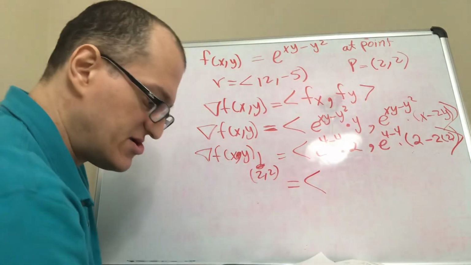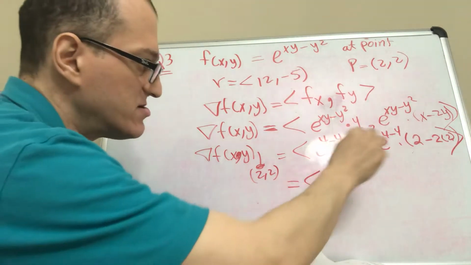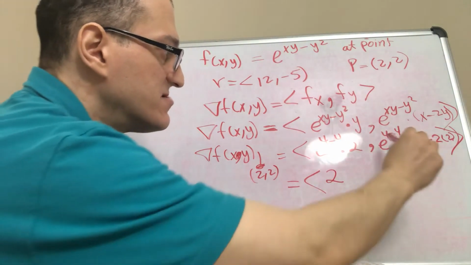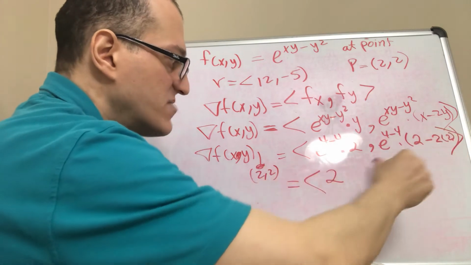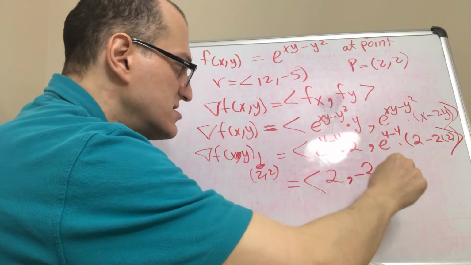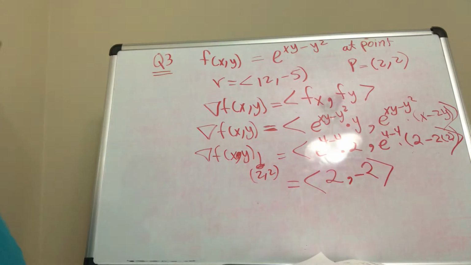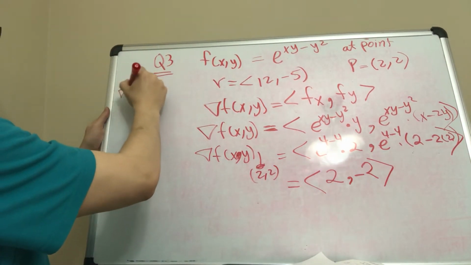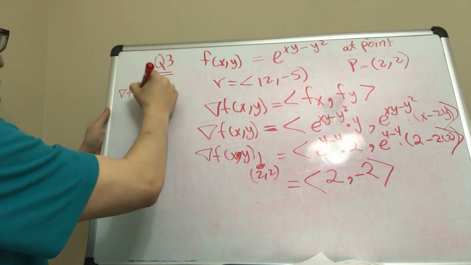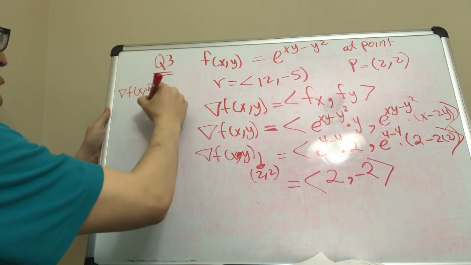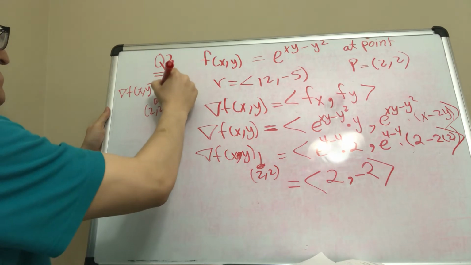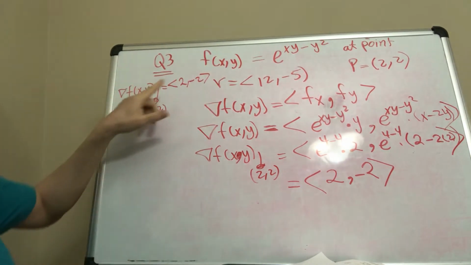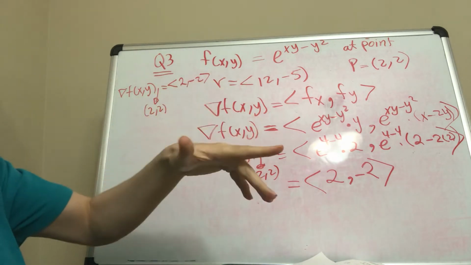This is e to the 0. E to the 0 is 1. 1 times anything would be just 2. This is 1, and 2 minus 4 is minus 2. So now we know that this is your gradient. The gradient at the point 2, 2 equals the vector 2 and minus 2, or you can write it as 2i minus 2j.